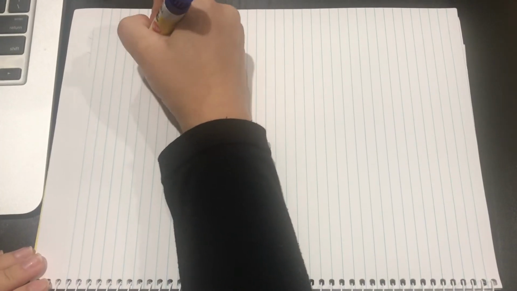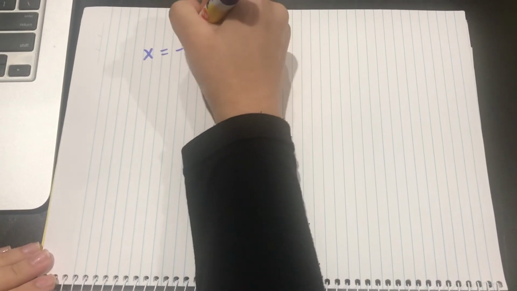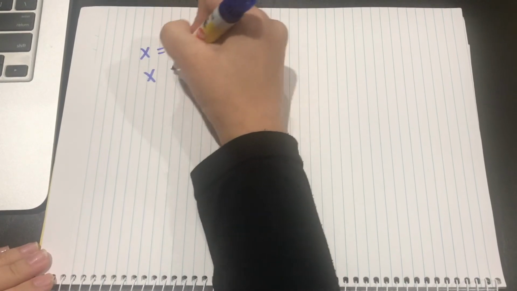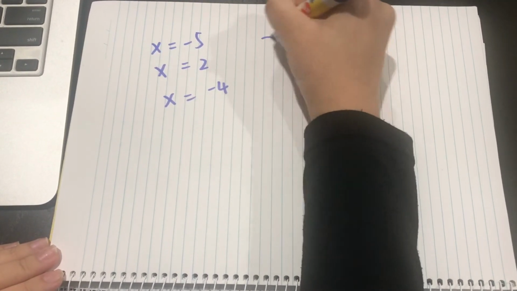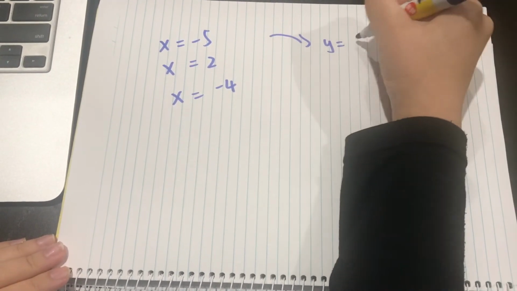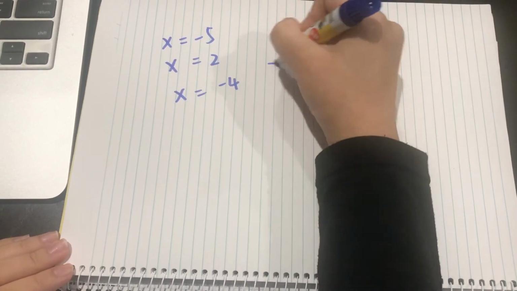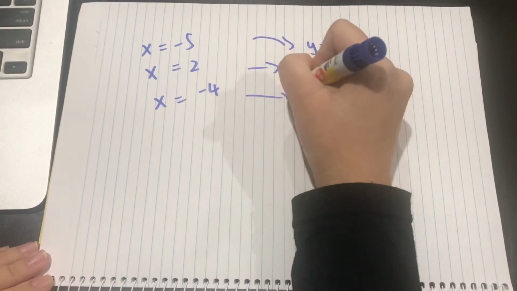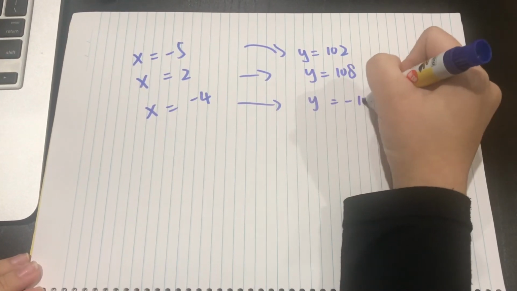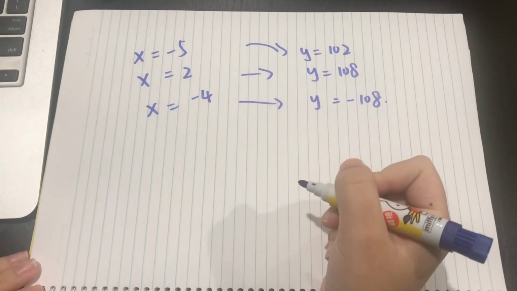The second step, when x equals minus 5, 2, and minus 4, we put those results in the original function. When x equals minus 5, y equals minus 102, when x equals 2, y equals 108, when x equals minus 4, y equals minus 108.